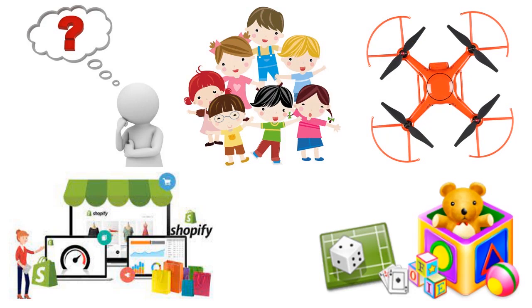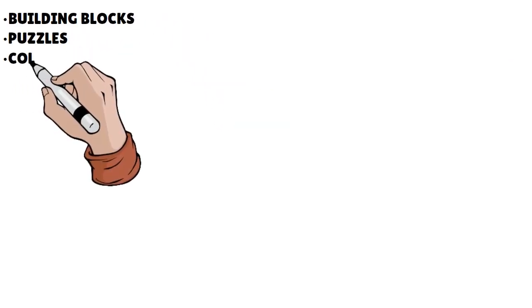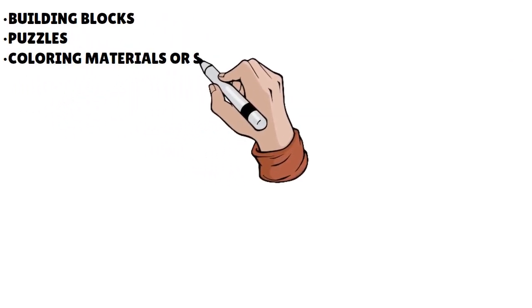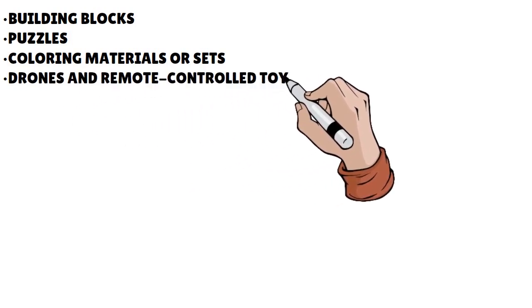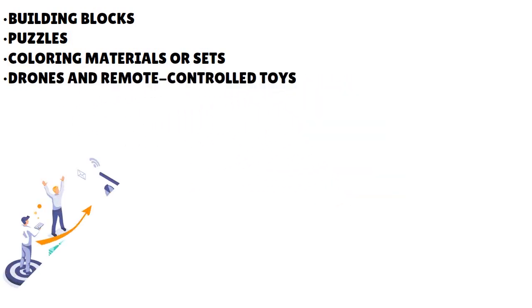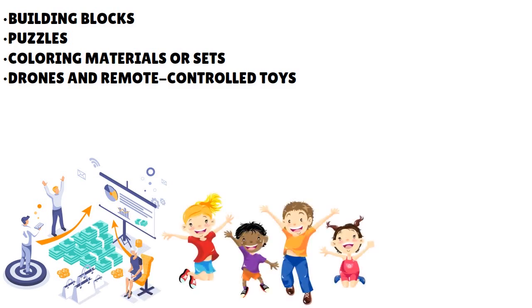So let me give you a few of some of the sub niches for toys and learning. You have building blocks, puzzles, coloring materials or sets, and drones and remote controlled toys. Okay, and this industry is growing big time because, listen, people are having kids all the time. Okay, and those kids need to learn and they need to be entertained.